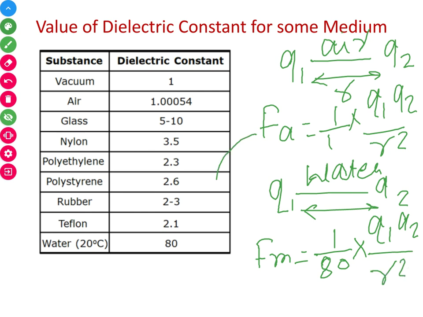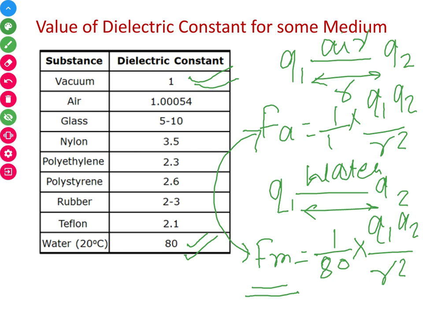So from these two equations you can easily find out that the force in water is reduced 80 times, because the dielectric constant is 80 times more than that of vacuum or free space. So the more the dielectric constant, the lesser the force between the two charges.